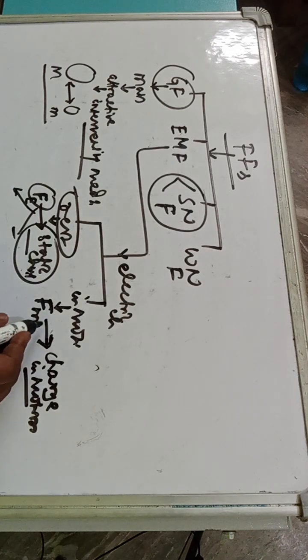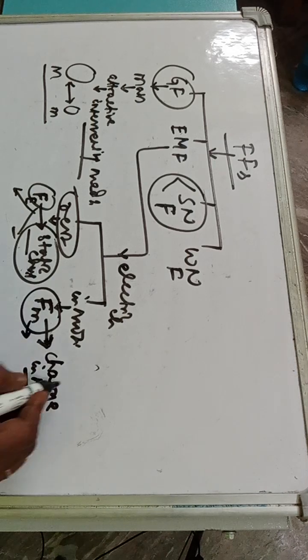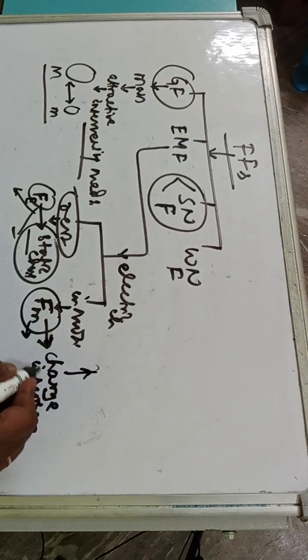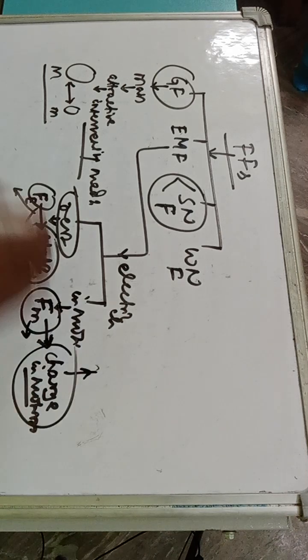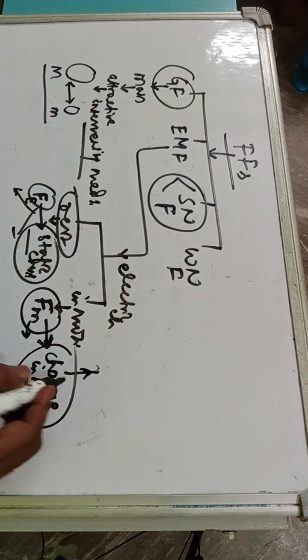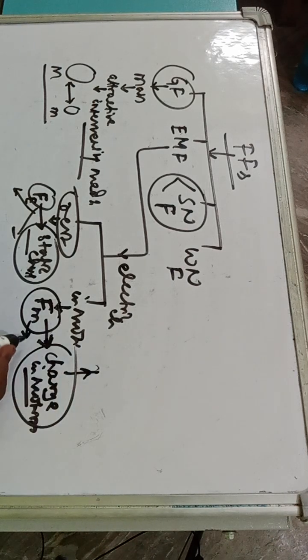In the same way, once a magnetic force has come into effect, it depends upon the direction of the flow of charge or direction of the motion of the charge on which this magnetic force will act.